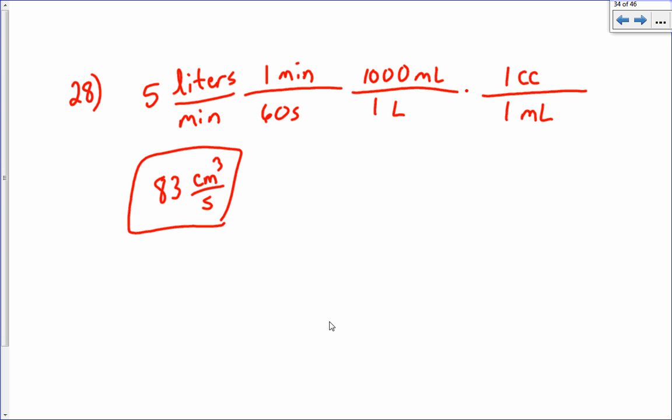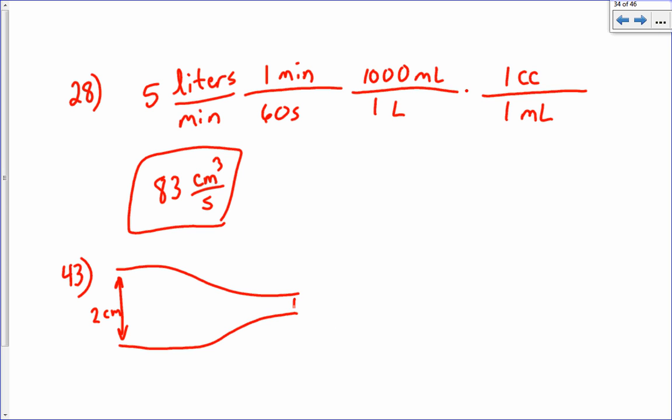In a certain venturi, the diameter of the tube decreases from 2 to 0.5 centimeters. 43. I have a tube that goes like this. It's big and then it gets smaller. It initially has a diameter of 2 centimeters.